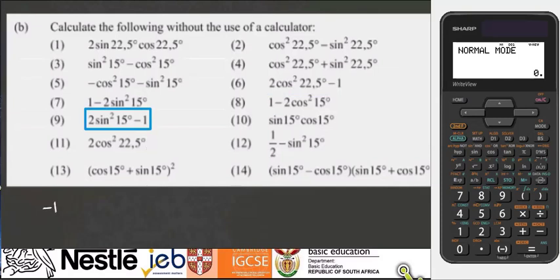So I've got negative 1 plus 2 sine squared of 15. But the minus should be in the middle, so I take out a common factor of negative. Then I've got 1 minus 2 sine squared of 15.